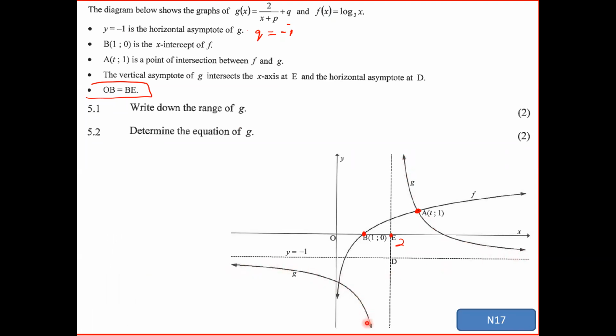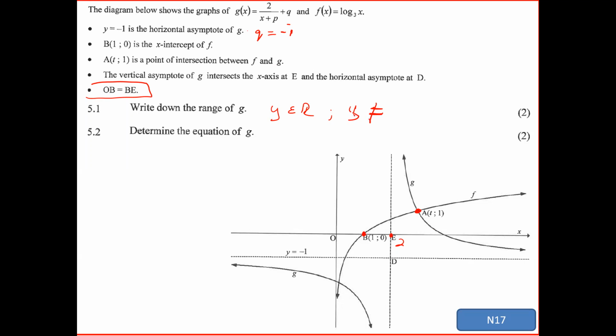And we know in a hyperbola the range is a standard equation where you will say y is an element of reals, except for y is not equal to the asymptote.